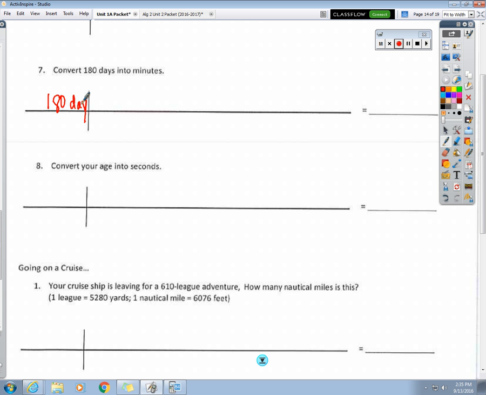So obviously once you start with days, that means your next denominator has to be in days. And we're trying to go to minutes. What do you know about days? 1 day is 24 hours. And then the next denominator has to be in hours. What do you know about hours? But remember, we're trying to go down to minutes.